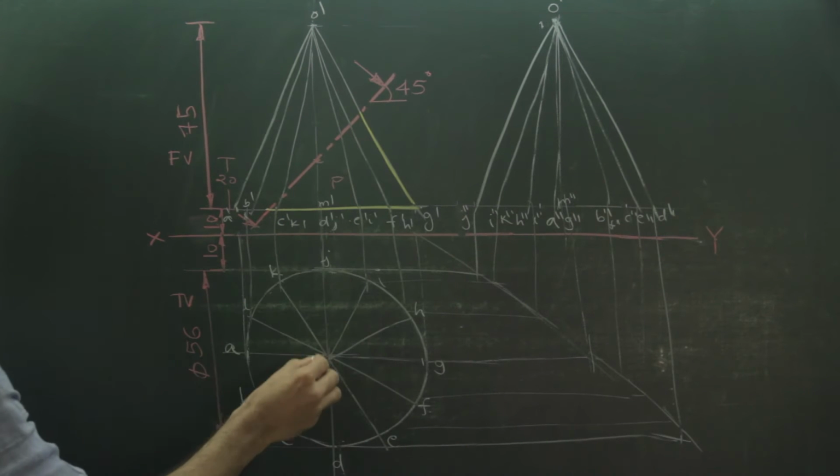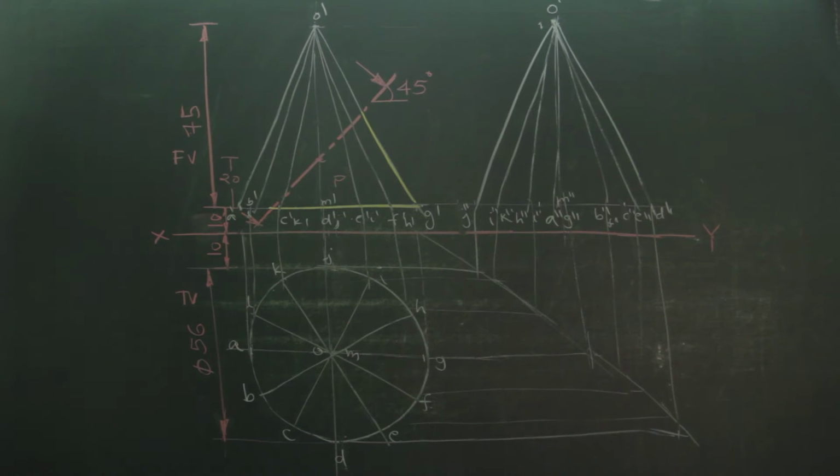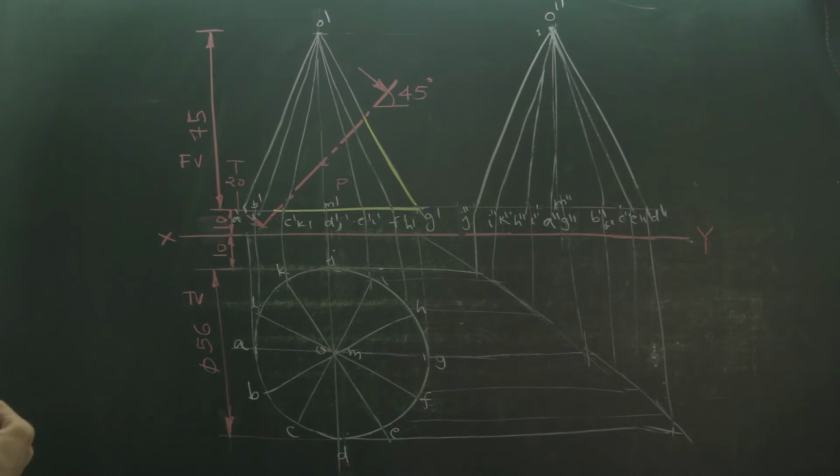This is M dash. This is OM, the axis point, right? Now we'll see how many cut points we are getting.